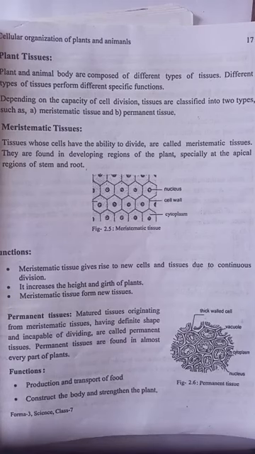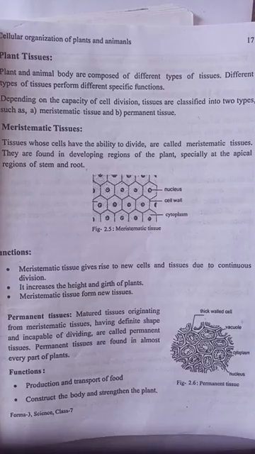So depending on the capacity of cell division, depending on the growth of the cell, the tissues are classified into two types. First one is meristematic tissue and second one is permanent tissue.